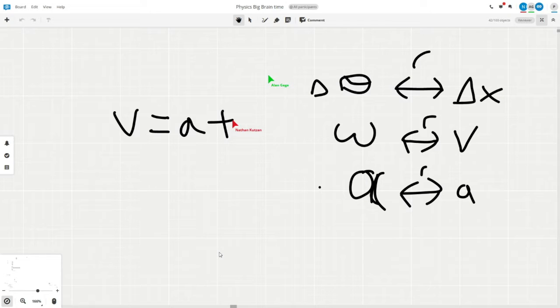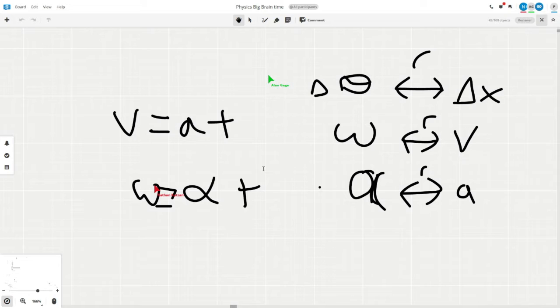Anyone? Remember, we just swap out the variables. There's no analog of time. Time is time. Acceleration is going to be angular acceleration, and velocity is going to be angular velocity. So that's just omega is equal to alpha t. Same thing.